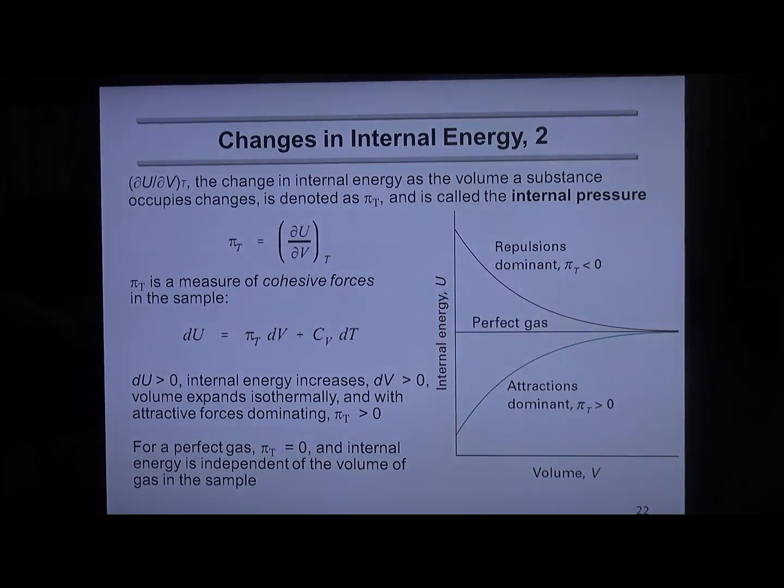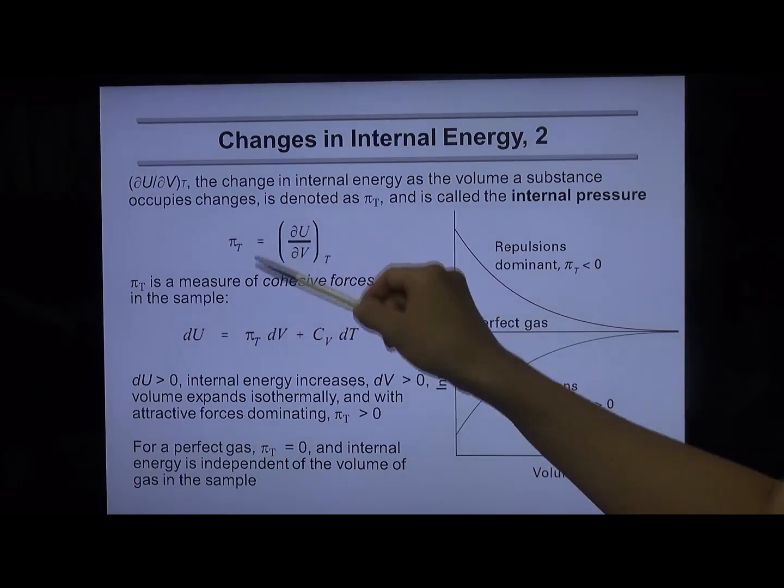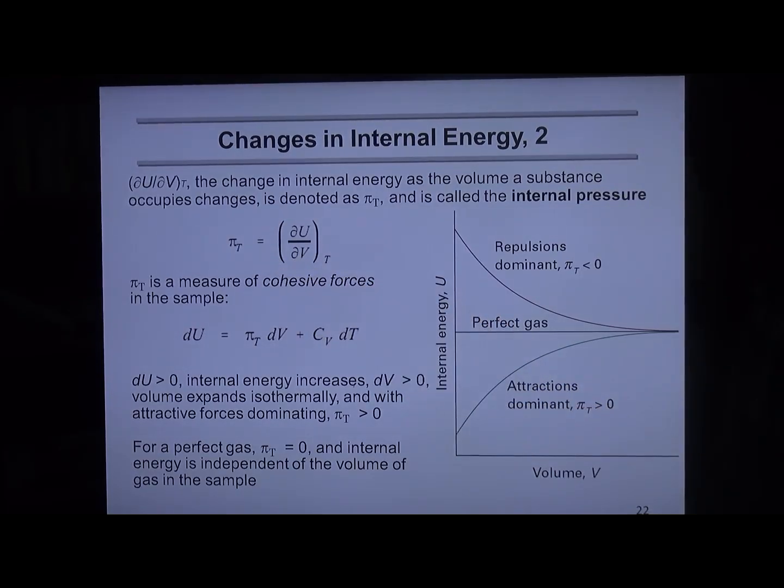If the temperature is constant, kinetic energy is constant, right? Which means that pi T is dependent upon the potential energy of molecules. Alright, so let's consider two different cases.